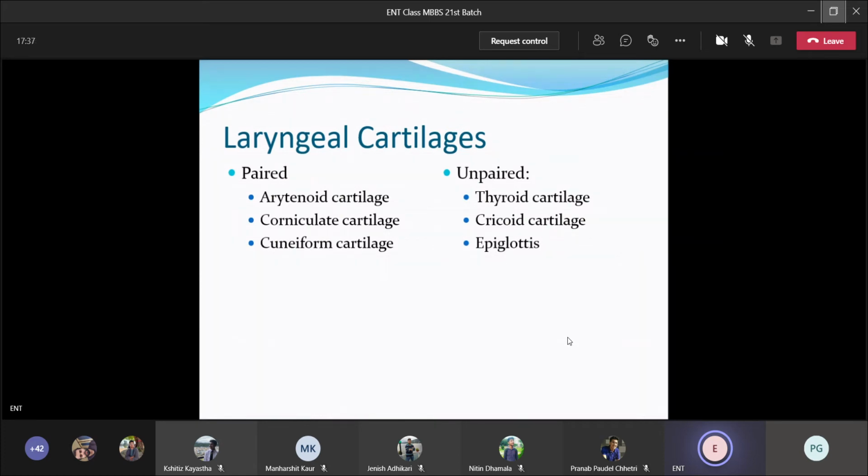And the unpaired cartilages are thyroid cartilage, cricoid cartilage, and the epiglottis. So these are the paired and unpaired cartilages.